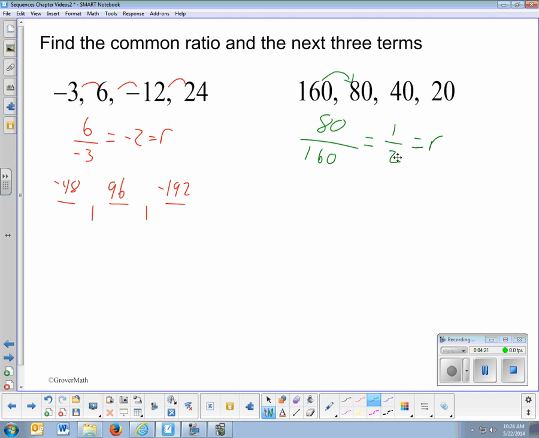So dividing by 2 or multiplying by 1/2, either way. And so my next 3 terms: 20 times 1/2, or divided by 2, is 10, divided by 2 is 5, and then 5 divided by 2, I'm going to write as 5/2. It could be a decimal answer, unless the problem specifies fraction answers, so we have to look out for that.